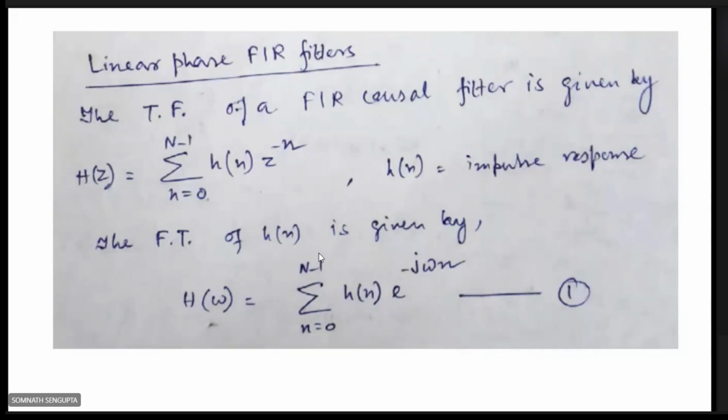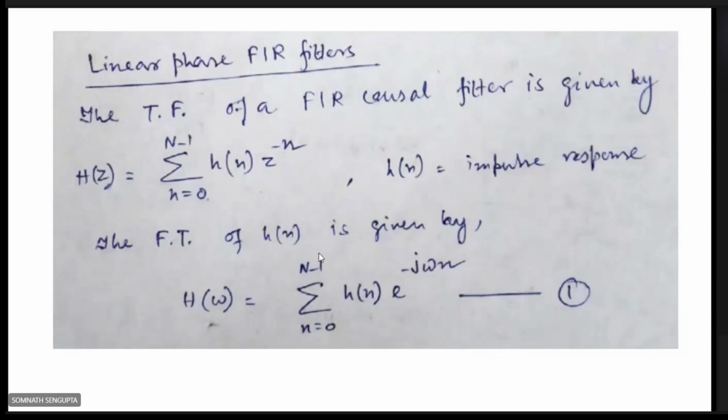Suppose the impulse response is quite large, meaning it exists over a large number of samples. Then we just window it with a conventional method like a rectangular window or Hamming window. With that we can have this linear phase characteristic.